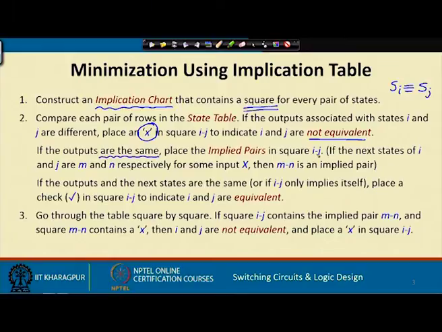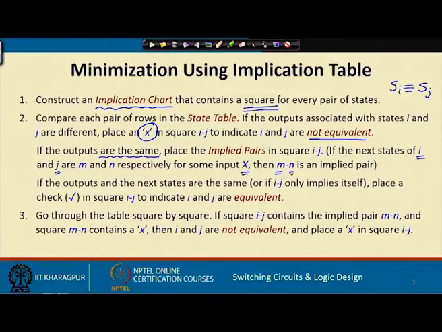Suppose in the state table we find that corresponding to state i, for a particular input x, the next state is m, and for the state j, for the same input x, the next state is n.